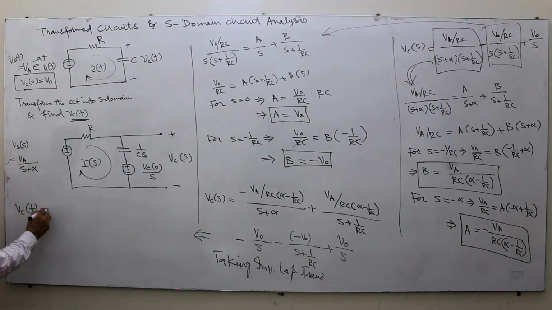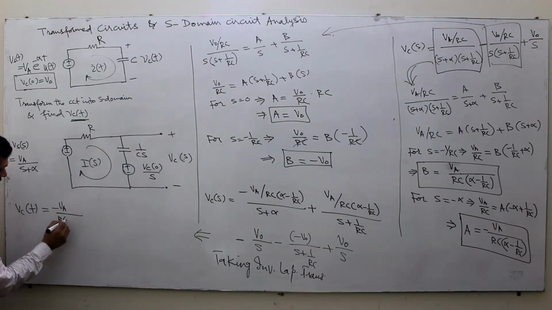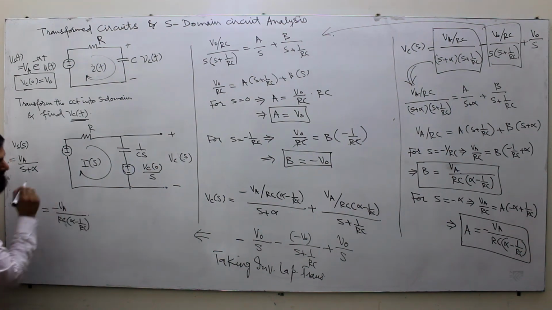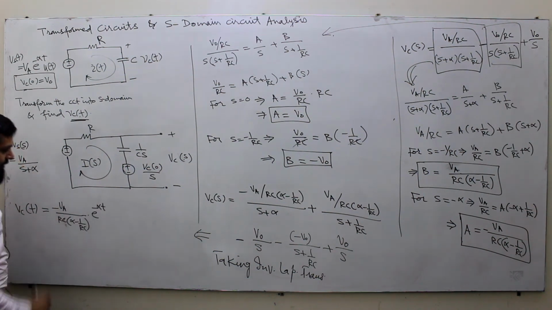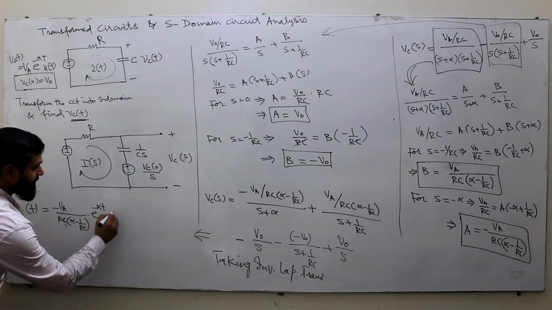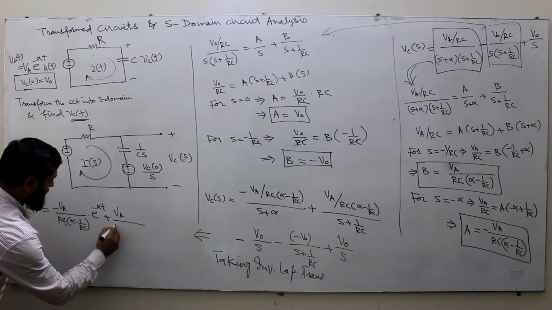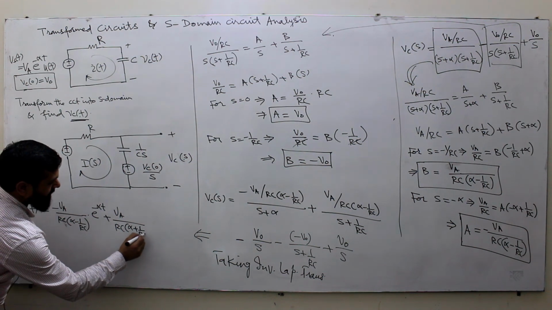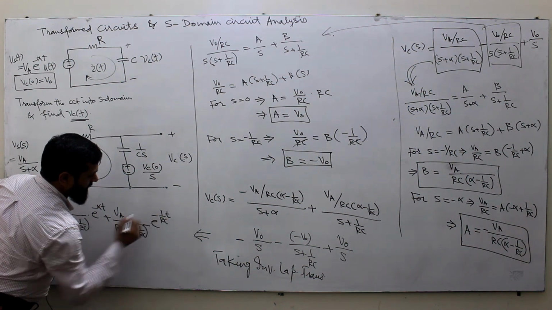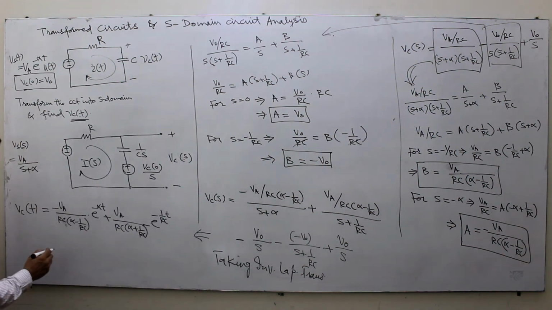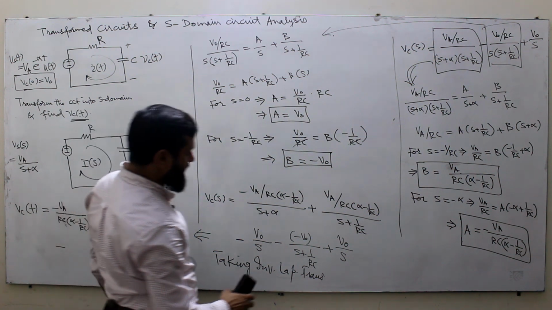VC of t is equal to minus VA over RC into alpha minus 1 over RC, and this one according to the inverse Laplace transform table will become e to the power minus alpha t, plus VA divided by RC into alpha plus 1 over RC e to the raised power minus 1 over RC into t for this one.